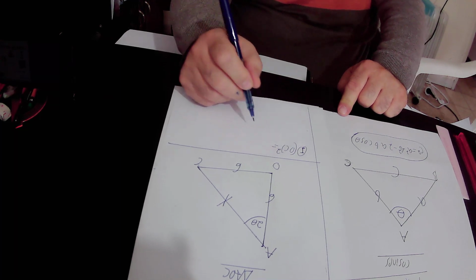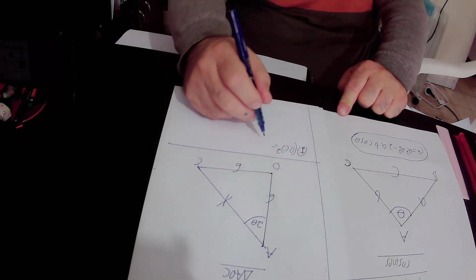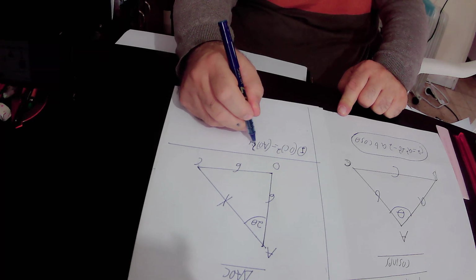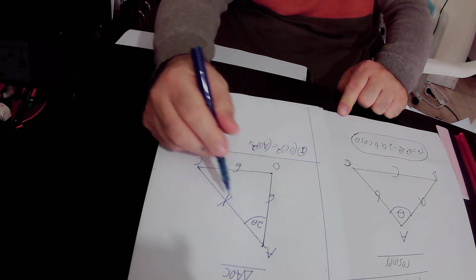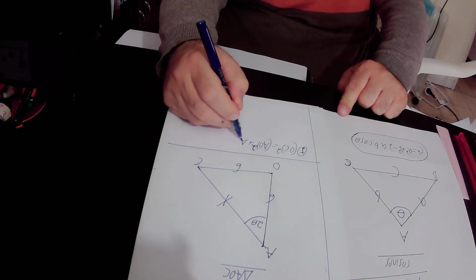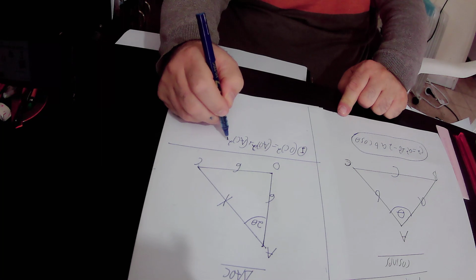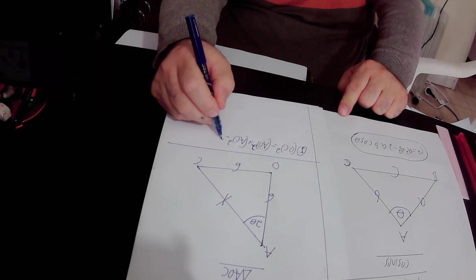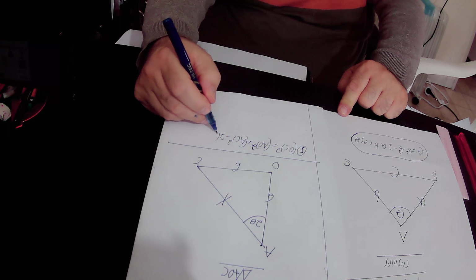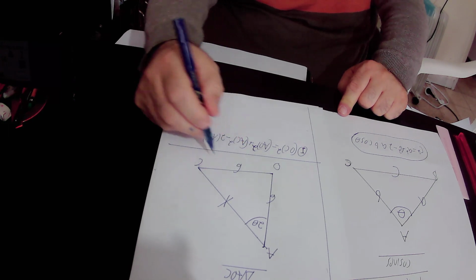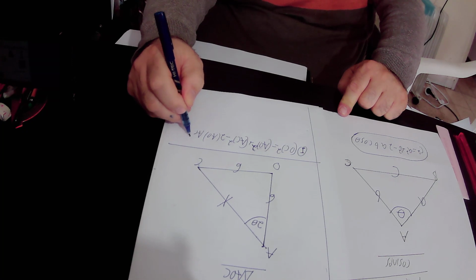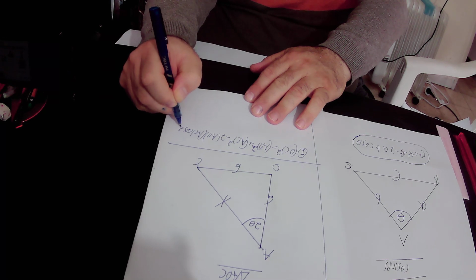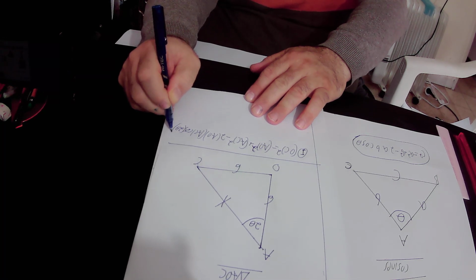It is equal to A squared, which is AO squared, plus B squared, which is AC squared, equal to X squared, minus 2 times AO times AC times cosine 2 theta.